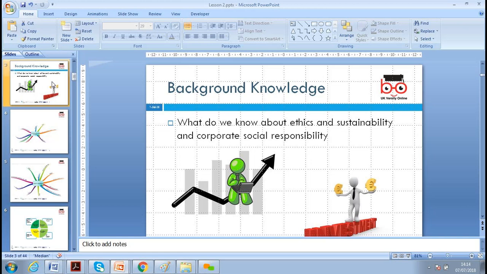So that's all about caring about the planet, caring about the profit, caring about the society. So corporate social responsibility and sustainability work side by side as well, yes? Which we'll go through.